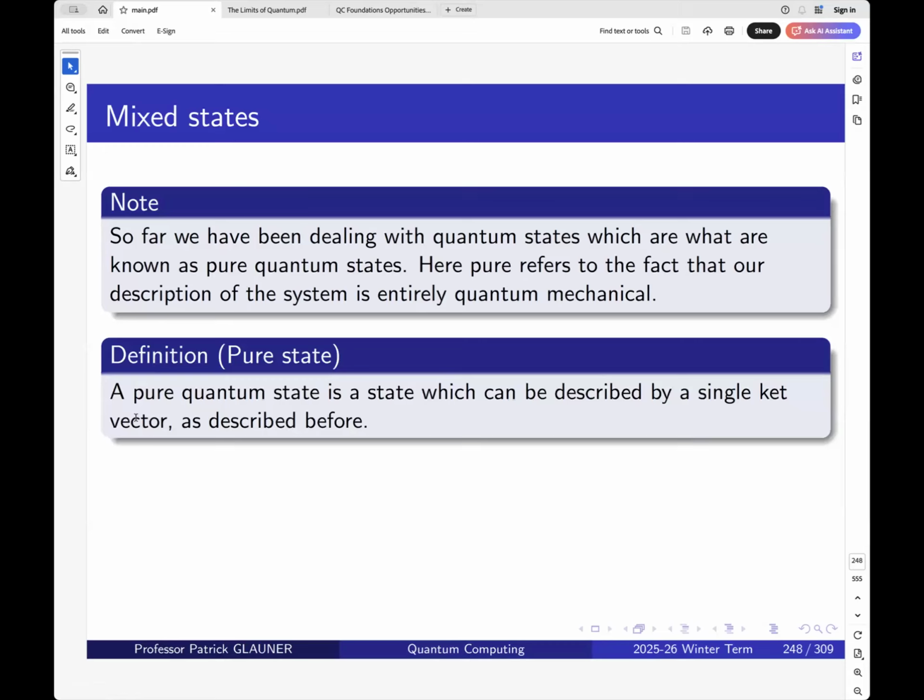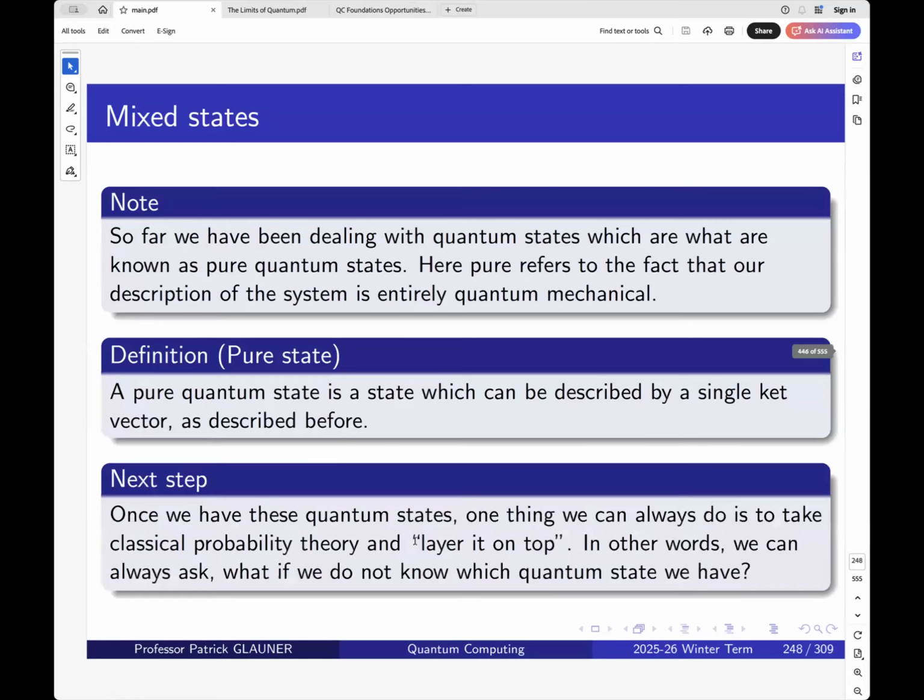A single ket is just a vector. And we've seen all the states so far could be described by that. But when we have these quantum states, we can actually put something on top of it, and we come to mixed states. This is something I will show you now as the last part of this chapter, and I will largely develop this with you on the whiteboard.